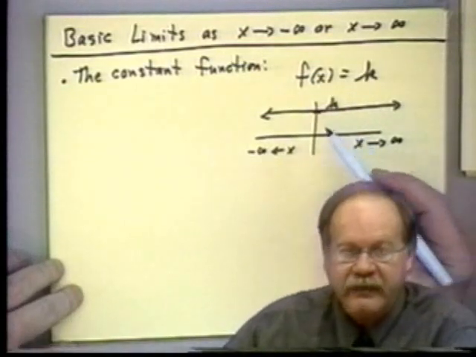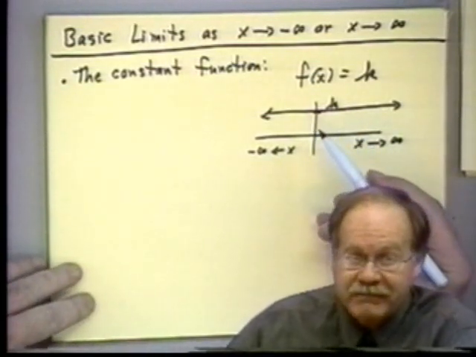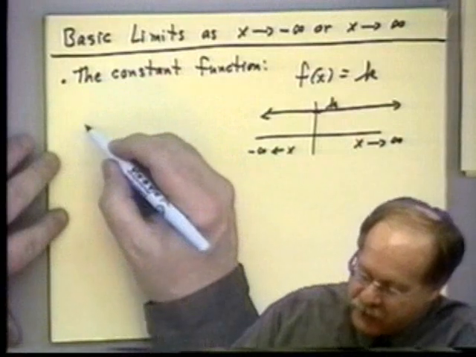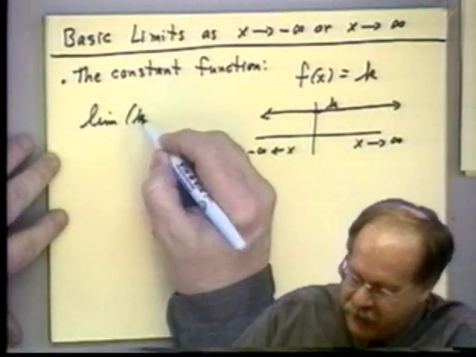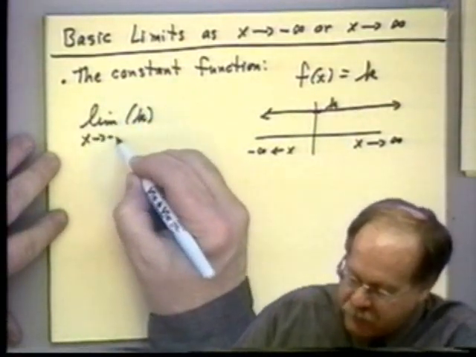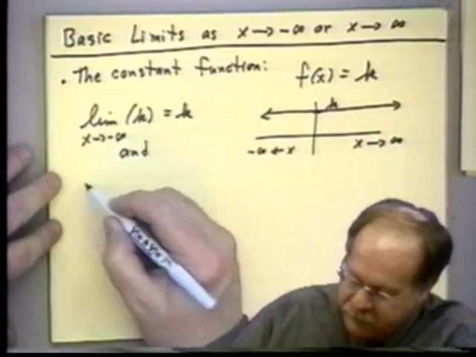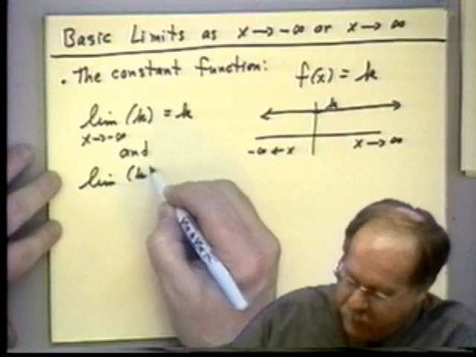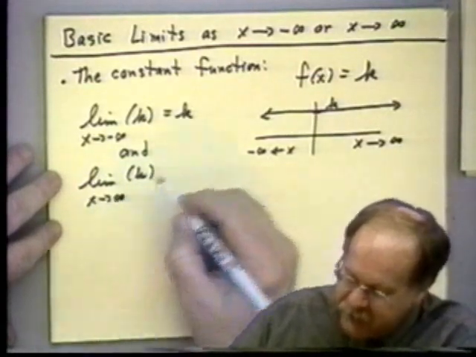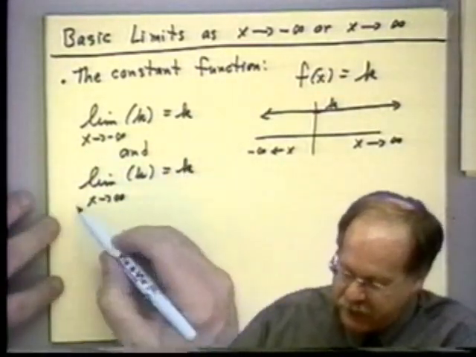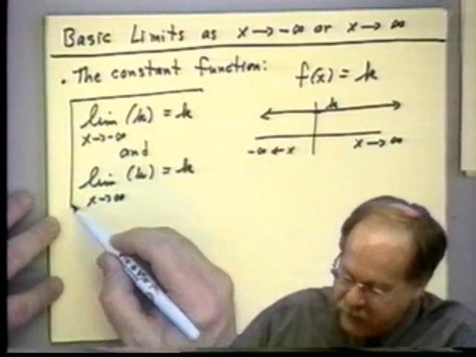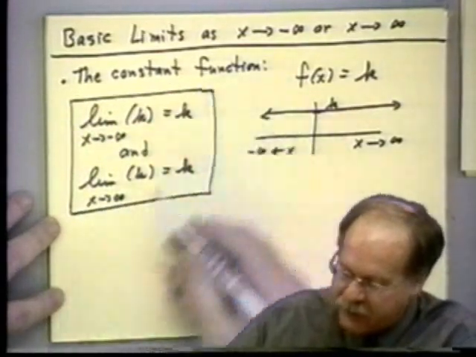Well, nothing. Nothing ever happens to a constant function. It's constant, after all. So that would be the limit of k as x approaches minus infinity is equal to just k, and likewise the limit of k as x approaches plus infinity would also just be equal to k. So there's nothing very interesting there. We just want to get this down so that you realize it.